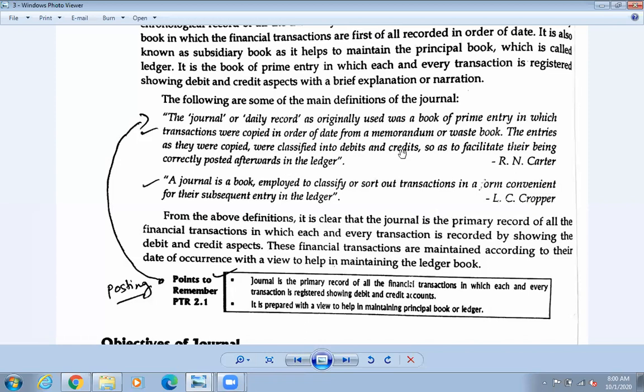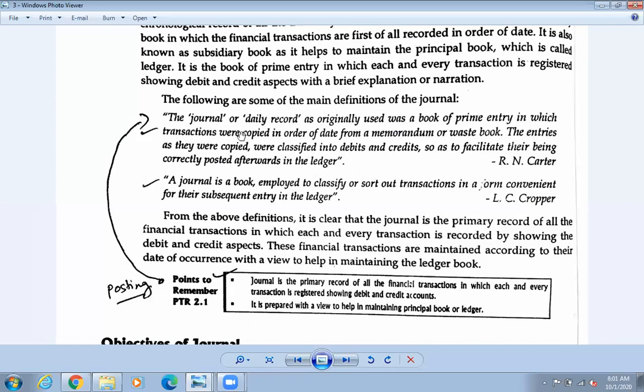For now just listen and memorize: the amount you enter should be entered on both the debit and the credit side, so as to facilitate their being correctly posted afterwards in the ledger. We will also have to check in the ledger whether it has been correctly posted. This is the first definition.